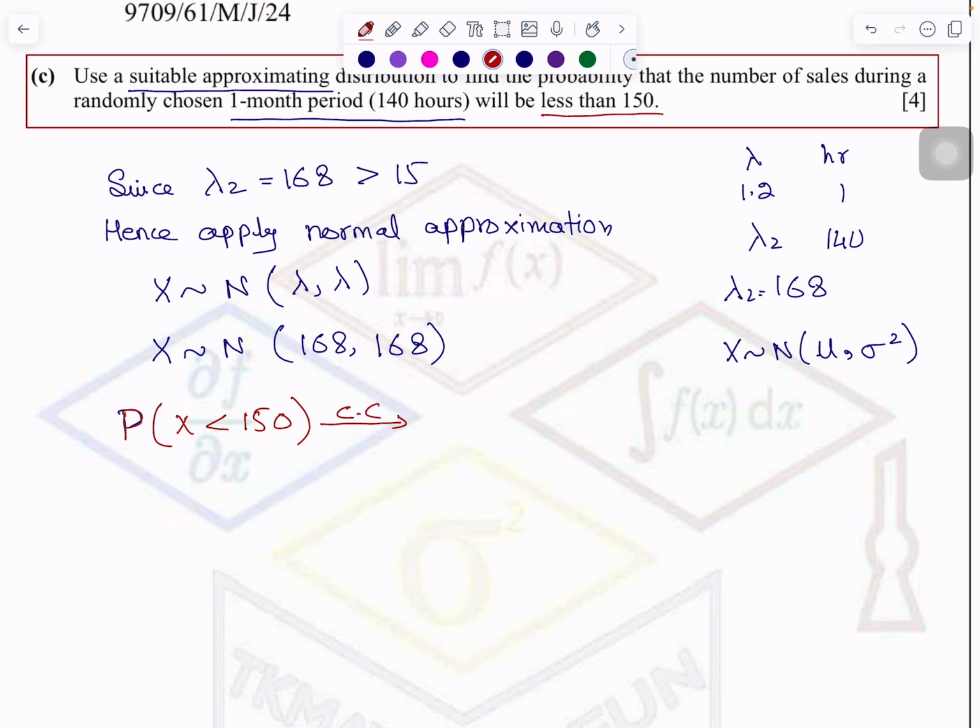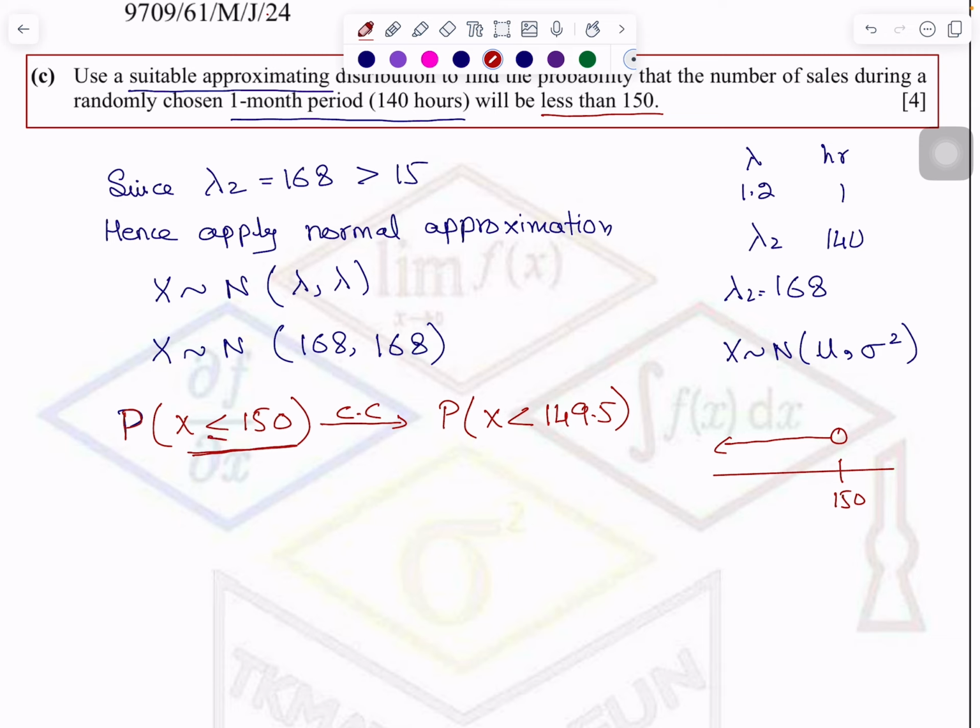So less than 150 will become what? Absolutely right. It will become 149.5. If somebody cannot figure it out, let me explain it here. Imagine on the number line 150 is here. The question is saying x is less than 150, which means you're talking about the left hand side.